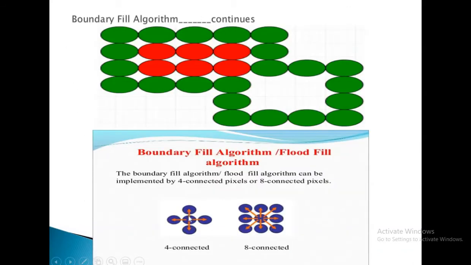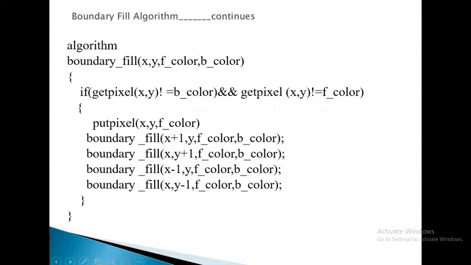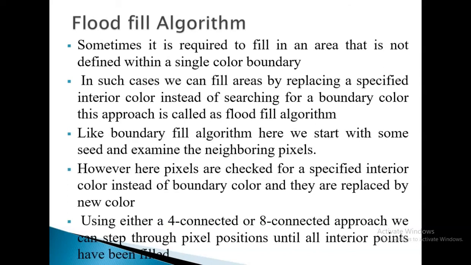Here x, y is the seed pixel coordinate, and these are x plus 1, x minus 1, y plus 1 and y minus 1. By using these statements we fill the polygon using the boundary fill algorithm. Okay, the next one is the flood fill algorithm.